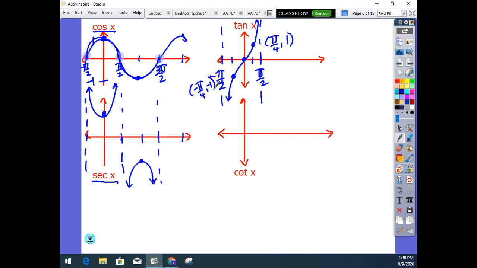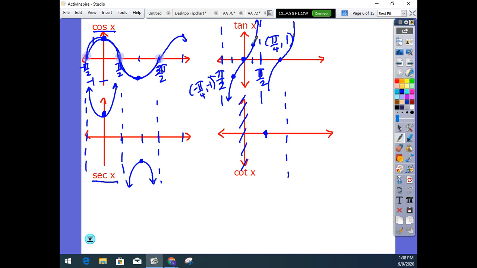Okay, so if tangent is 0 at 0, its reciprocal cotangent has an asymptote at 0. Since tangent has an asymptote at pi over 2, that's where cotangent, its reciprocal, is 0. So I'm just going to continue that pattern on, because this would just keep going. At pi is my 0.